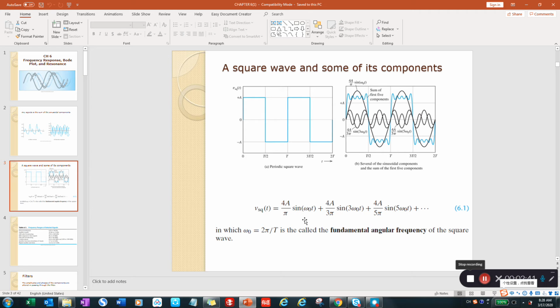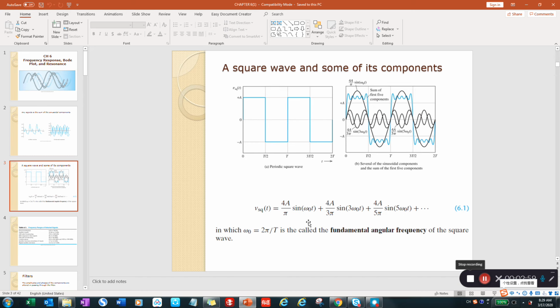And also, if you want to look at the frequency information, the first one is sin omega 0 t. The second one is sin 3 omega 0 t, and the third one is sin 5 omega 0 t.